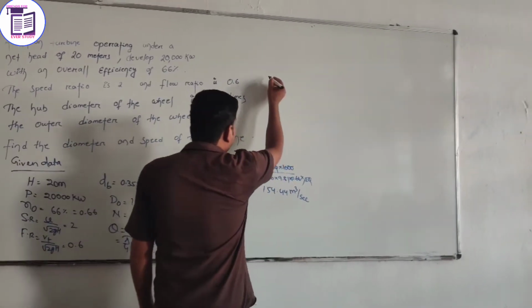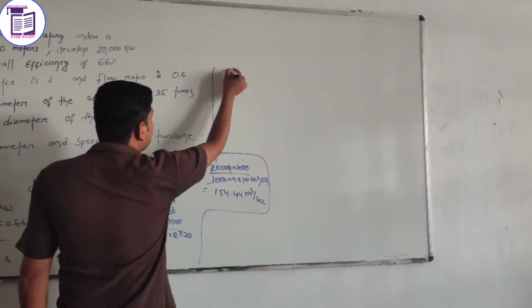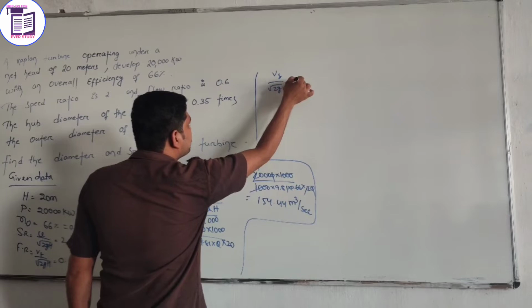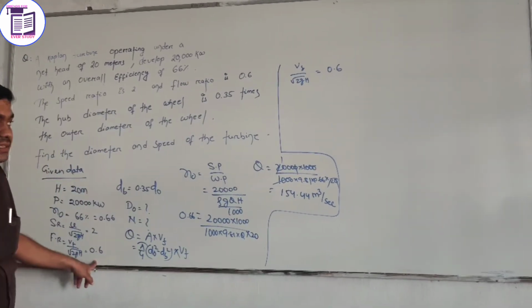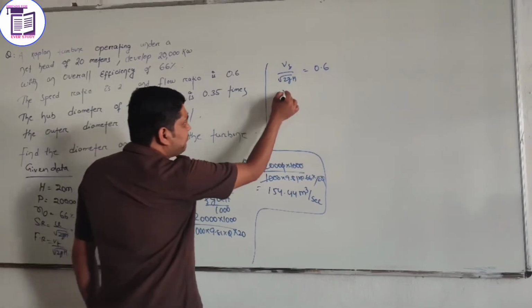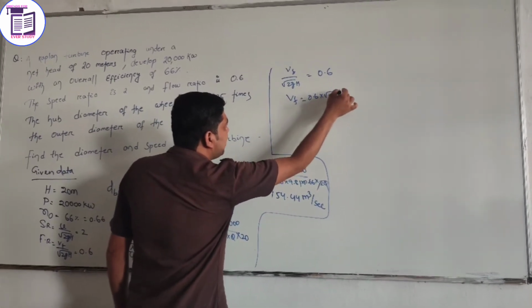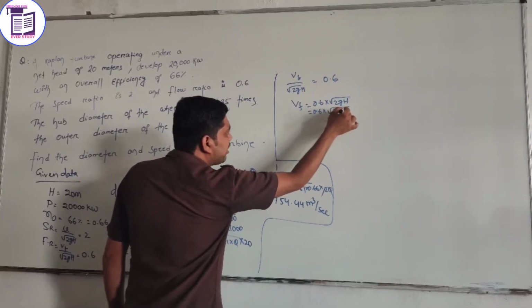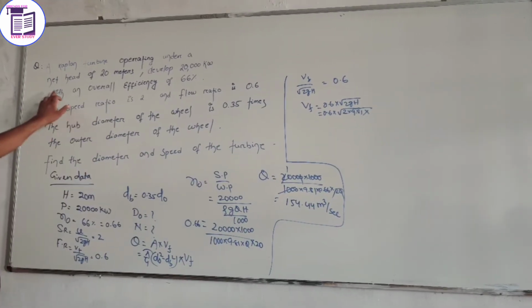Putting the values, Vf by root 2gh is equal to 0.6, so Vf is equal to 0.6 into root 2gh. Also you can write 0.6 into root of 2 into g, 9.81, and H, the head given, that is 20 meters.